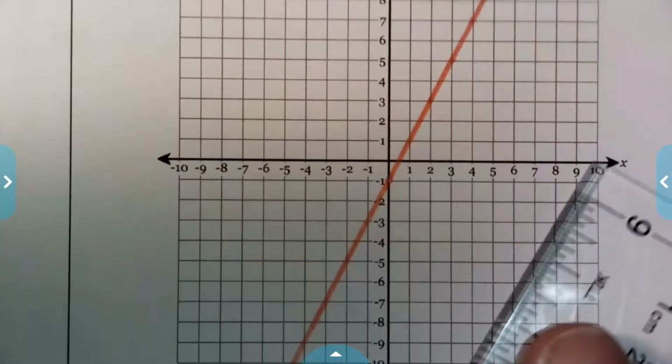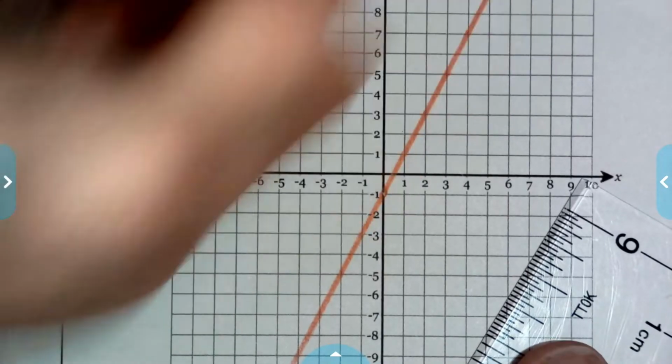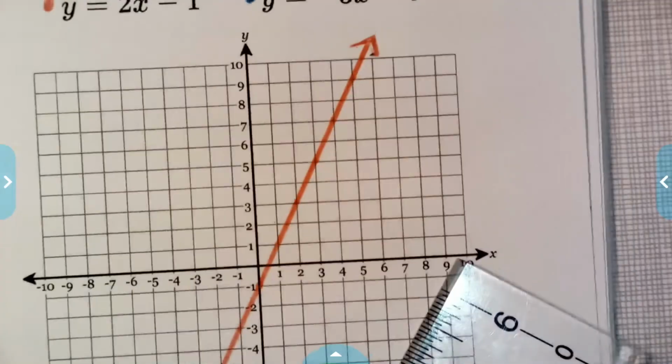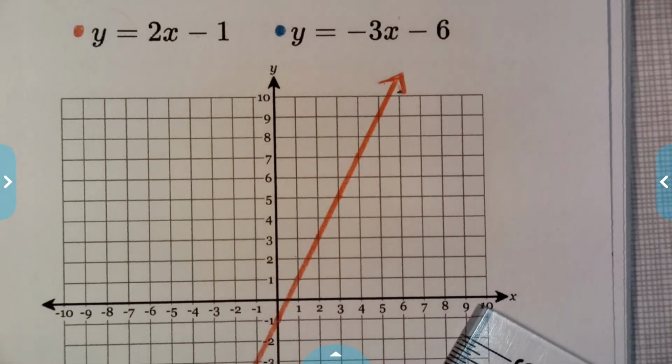Okay, so there's that equation, y equals 2x minus 1.